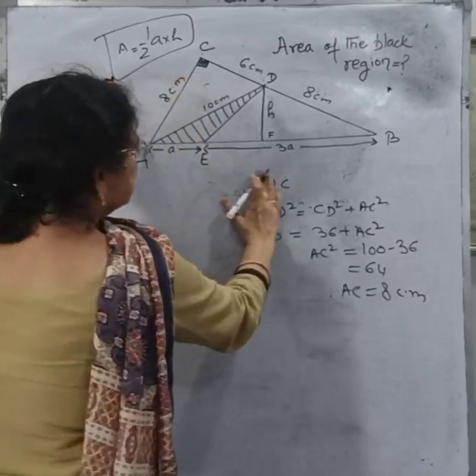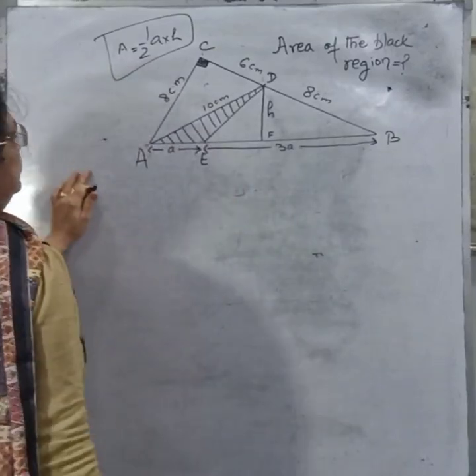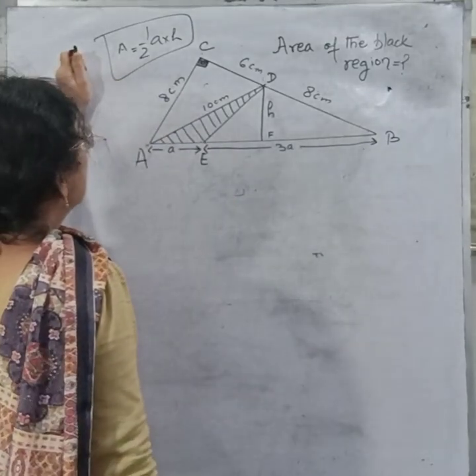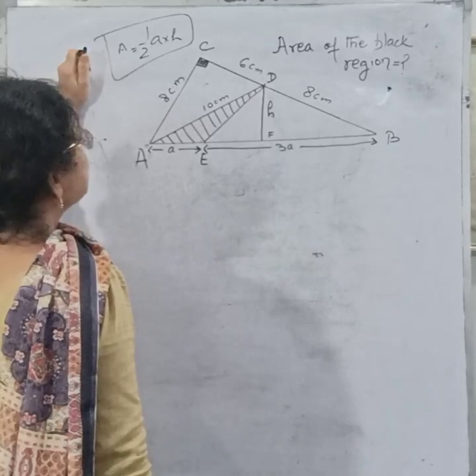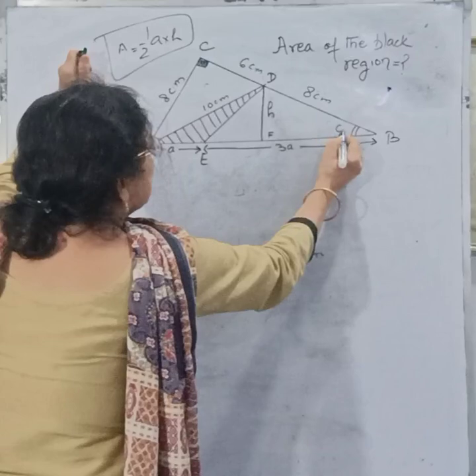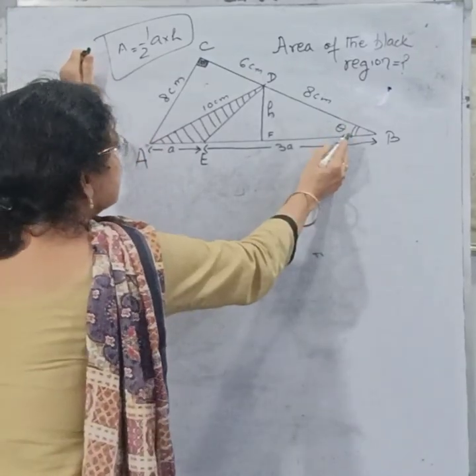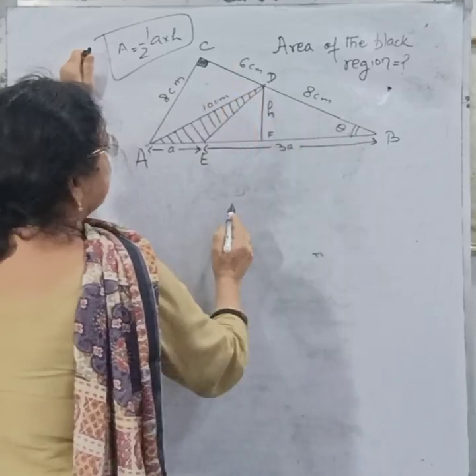Correct. Now our aim is to find A and H. Let us suppose this angle is equal to theta. This angle is existing in two right angle triangles.